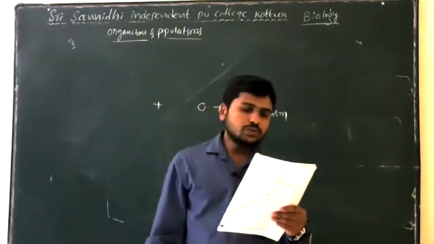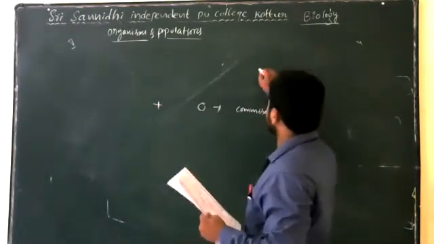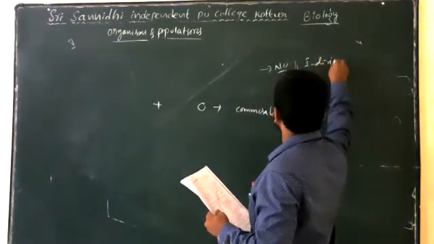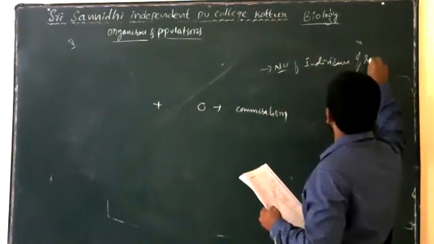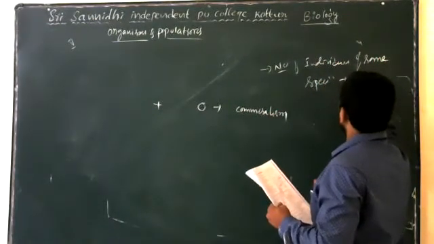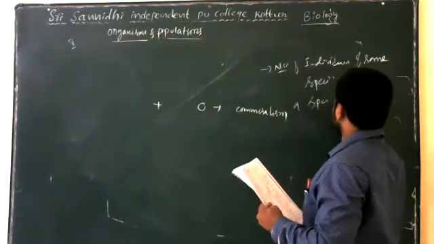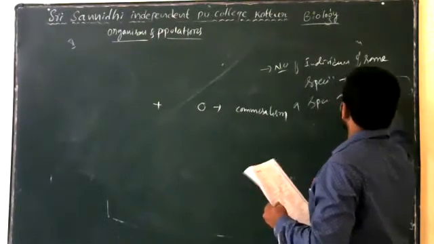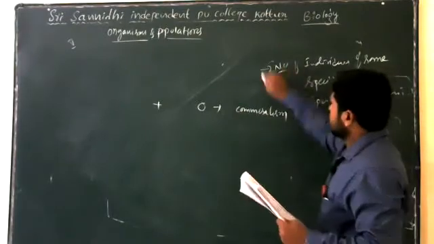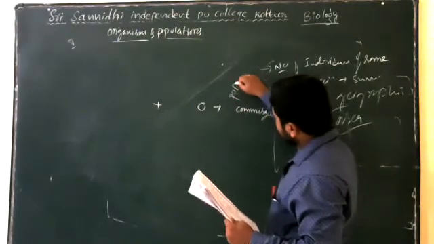B, individuals belonging to the same species. Of course, the number of individuals of the same species which are surviving in a particular geographical area, those interacting, is a population.